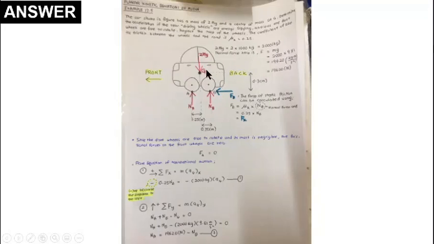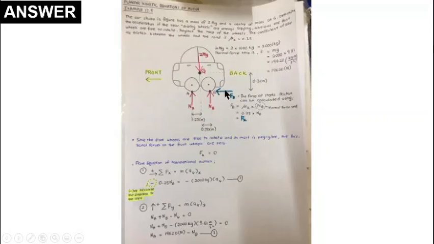We have point G here, and we know the car has a mass of 2 Mg, so 2 times 1000 kilo gives 2000 kilo. So the weight force here is 2000 kilogram times 9.81 meter per second squared, and you will get 19620 Newton.